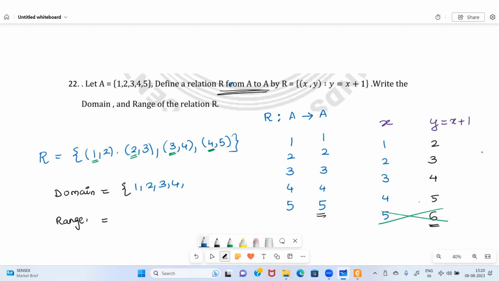Okay, students. The domain is the set of all values that are allowed for x. As far as range is concerned, it is limited to the values which are in the ordered pair. Therefore, it would be 2, 3, 4, and 5 only. The number 6 which we get when we substitute 5 won't be part of the range. Clear, students? Let's move on now.